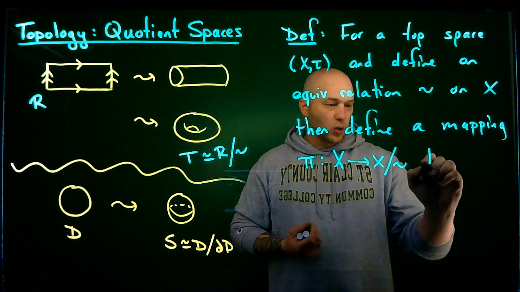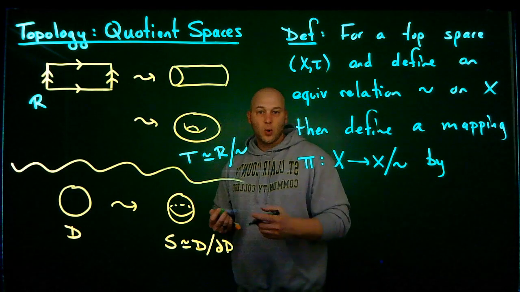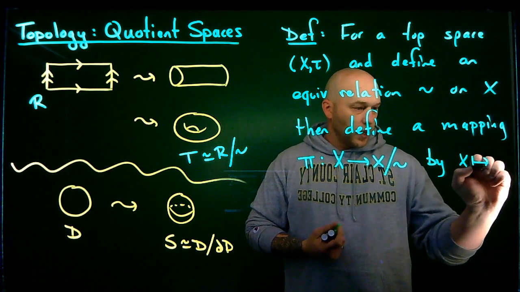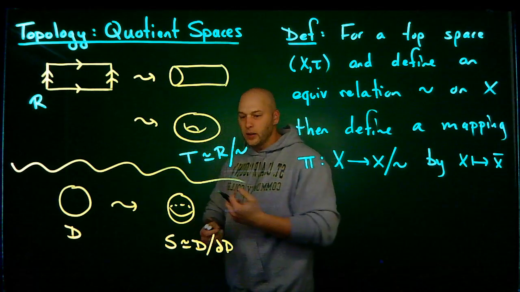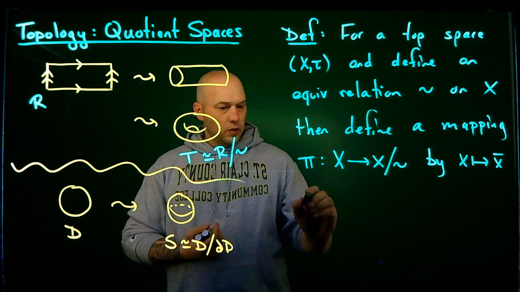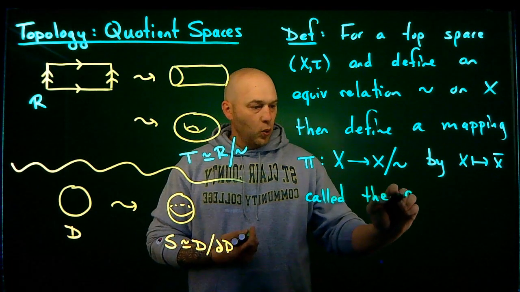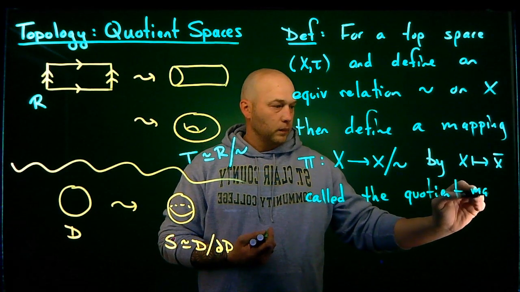The natural mapping from a set to its quotient would be that a point is projected to its equivalence class. So I'm going to take an element and map it to its equivalence class. And this is called the quotient mapping.